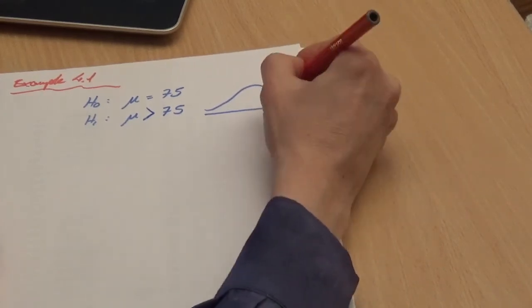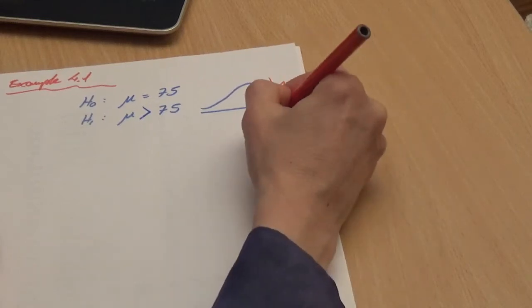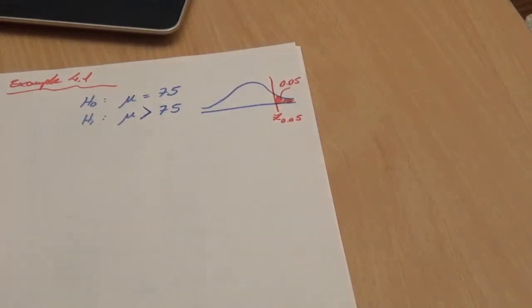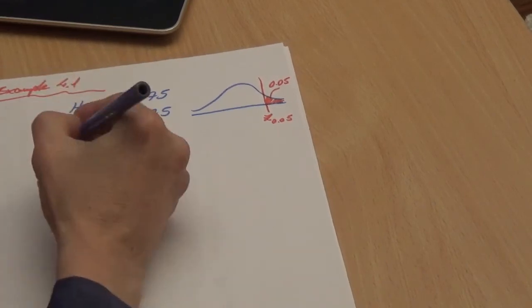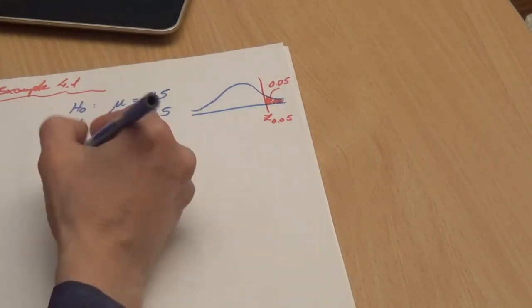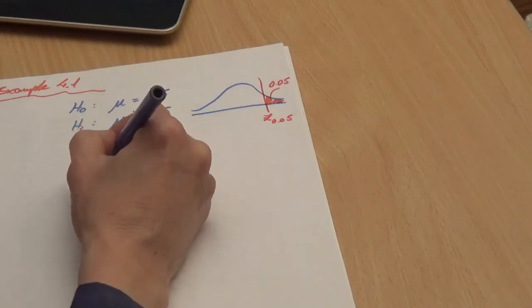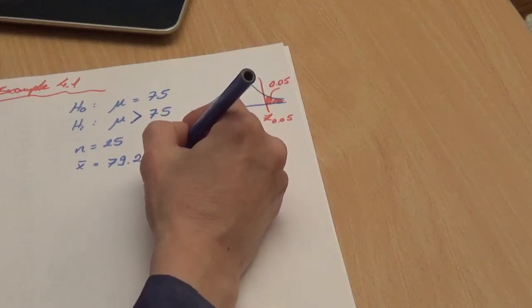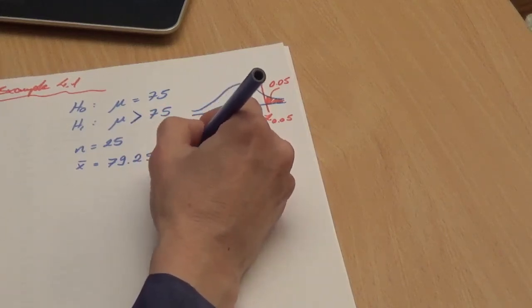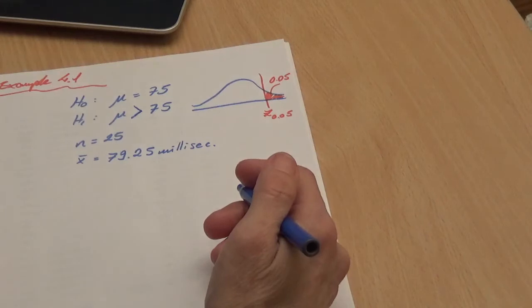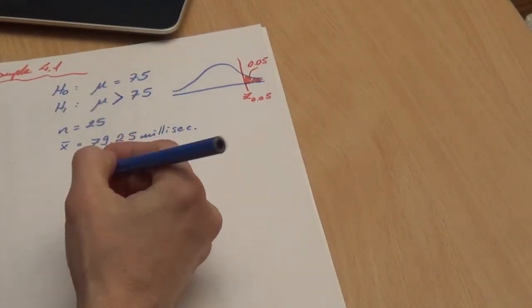For this part, we would like to find the z value for 0.05 from the table. It also gives information about the sample number, which is 25, and the average x bar is equal to 79.25 milliseconds. So we need to calculate the z value.